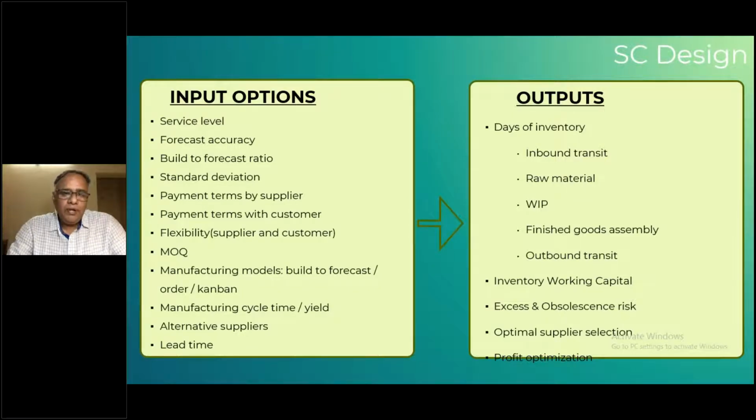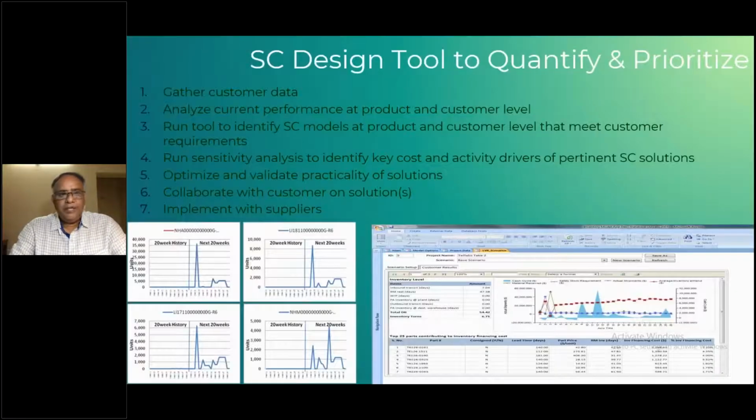Moving now to the next topic: how your supply chain design tool can quantify and prioritize things. You have to gather a lot of customer data, not only from a forecast accuracy point of view, but also how the orders are flowing.